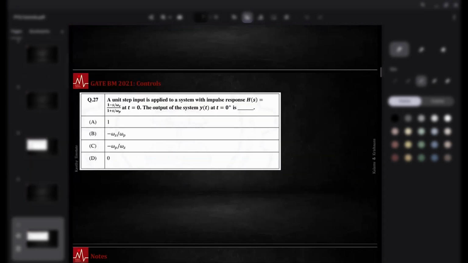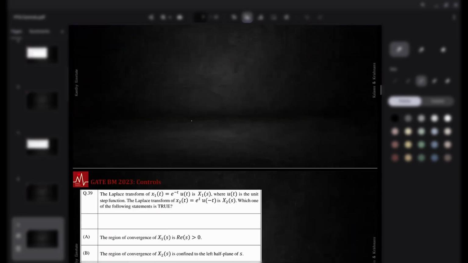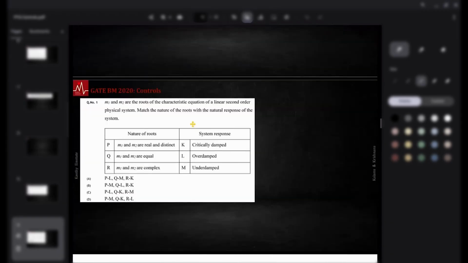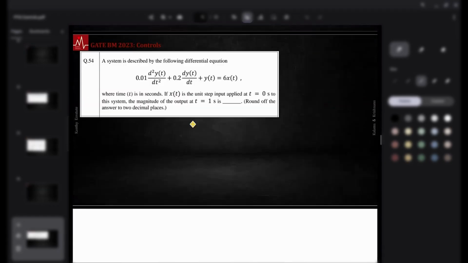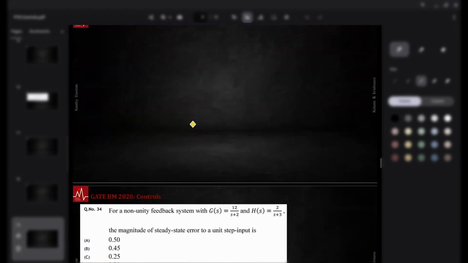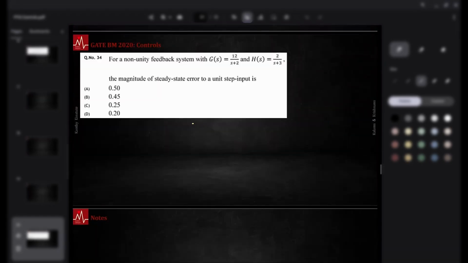We have this impulse response. What is the output? This is initial value theorem. Now there is a question on final value theorem. For a non-unity feedback system, G of S is this, H of S is this, find the magnitude of steady state error.